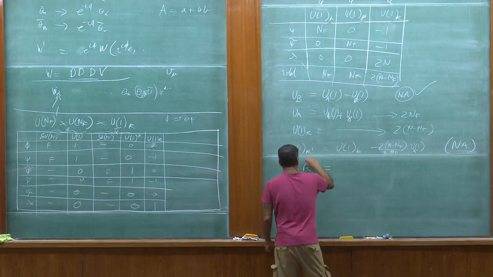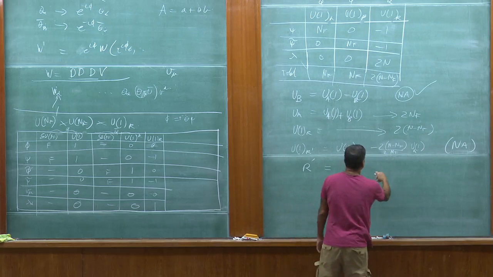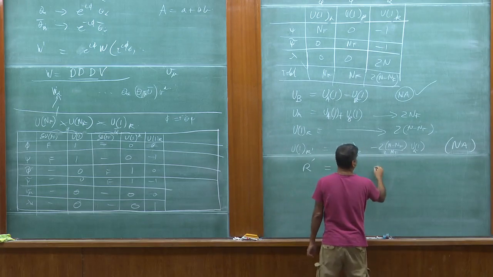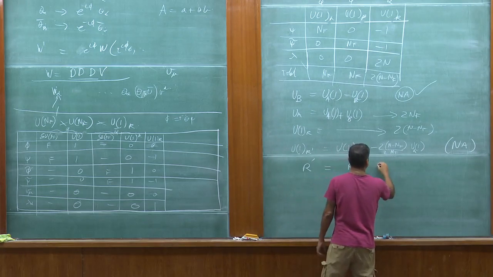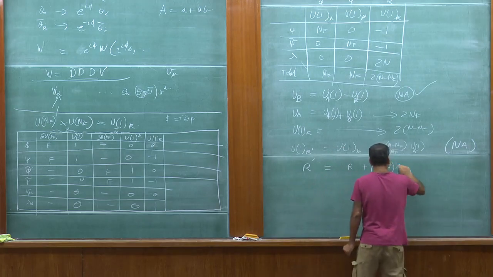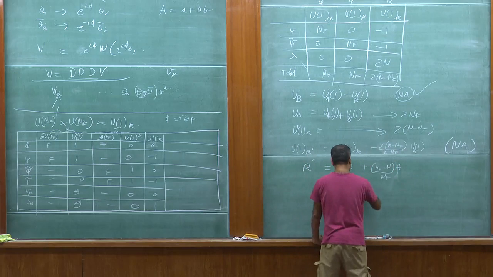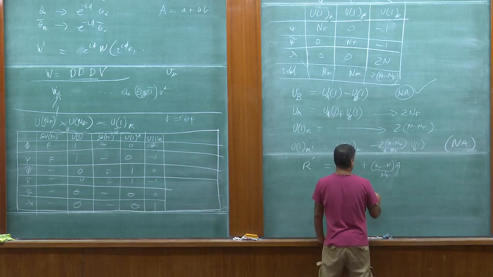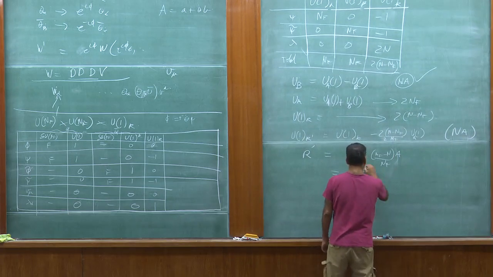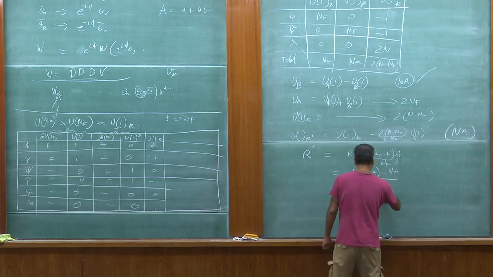Let's just call it, I won't keep writing U1. R prime is equal to, let's simplify this. So it's R minus, also plus, (nf minus n) by nf times axial, which is equal to nf R plus (nf minus n) A over nf.